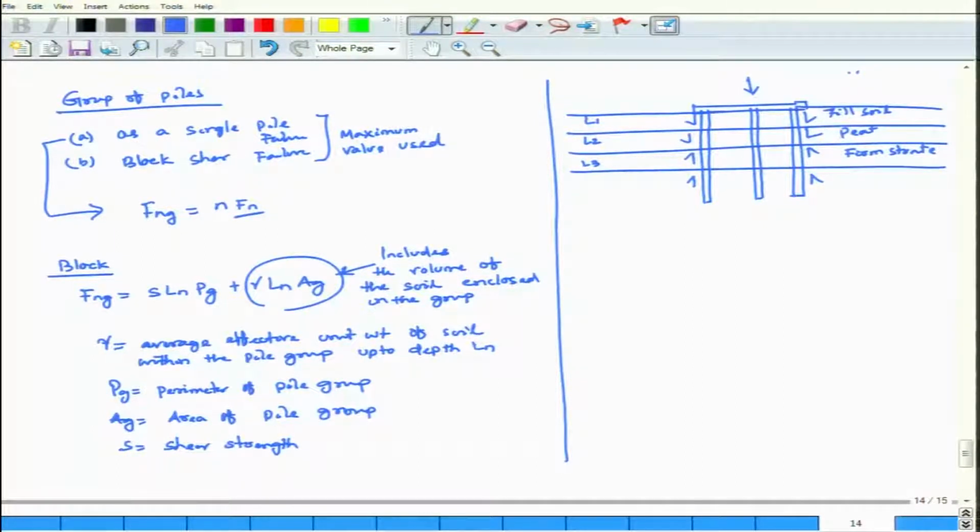So, in this case, considering single pile failure, F ng is equal to n into F n1 plus F n2. F n1 is equal to negative skin friction of single pile in the fill.